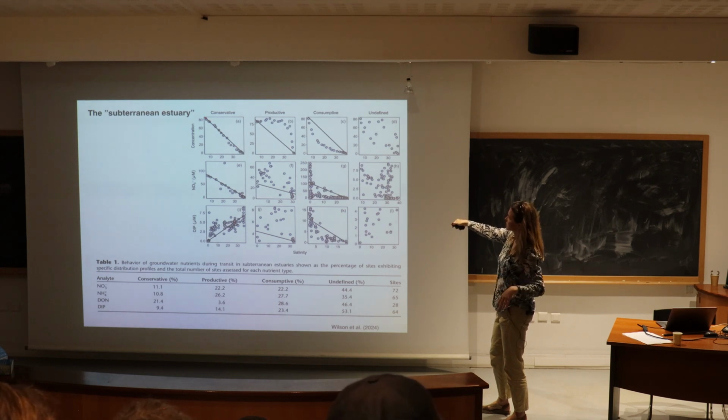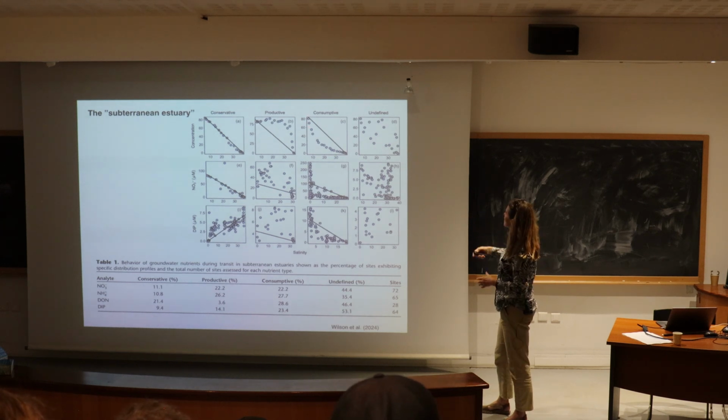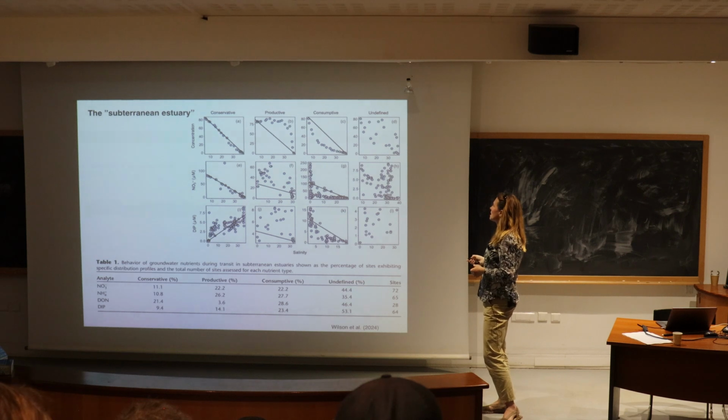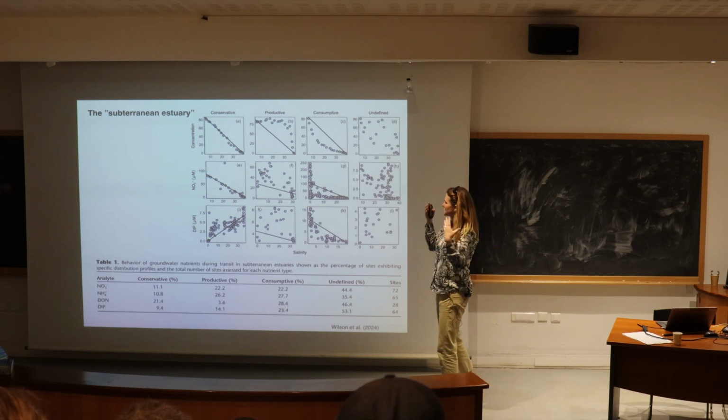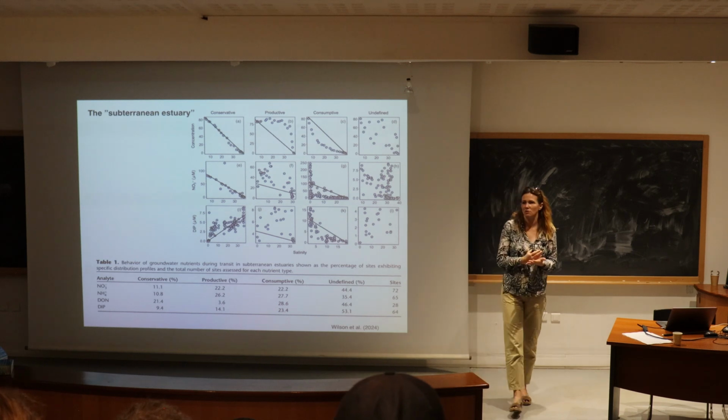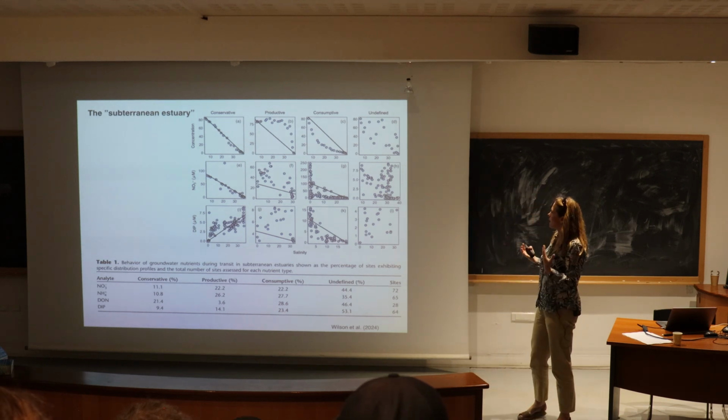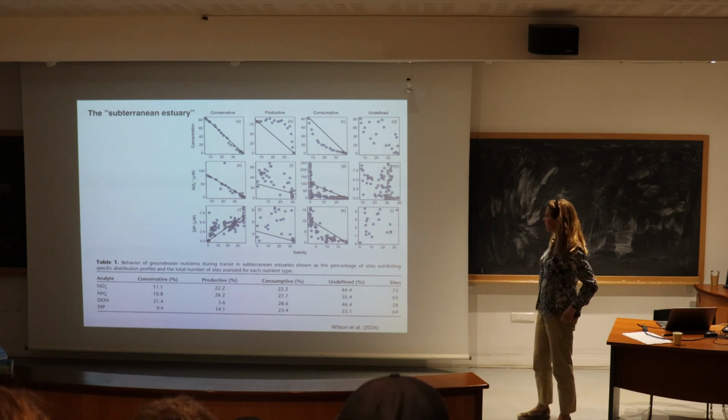But if you're getting something like nutrient regeneration, production of, say, ammonium, that line is going to bend upward. Or if you're consuming something, say, like nitrate due to denitrification, that line is going to bend downward. And so the team that I was a part of grabbed data sets from researchers all over the world to look at how reactive these mixing zones are.